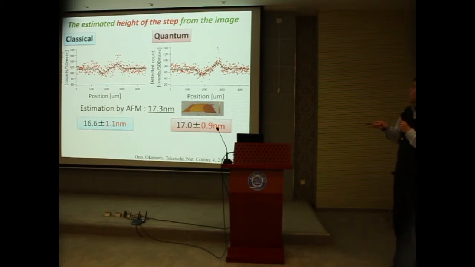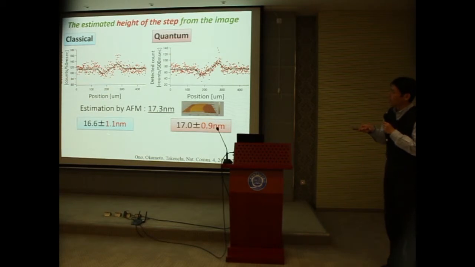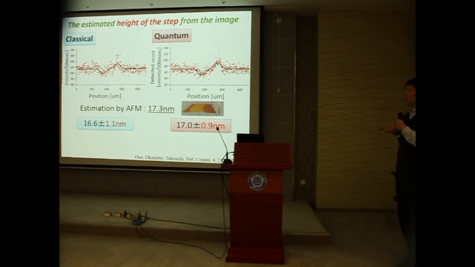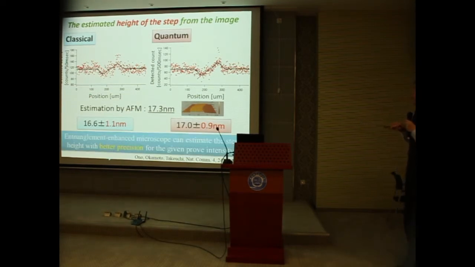And the AFM estimation is 17.3. The important point is that the error is reduced when you use the quantum microscope. So the enhanced microscope can estimate the step height with better precision for the given probe intensity.